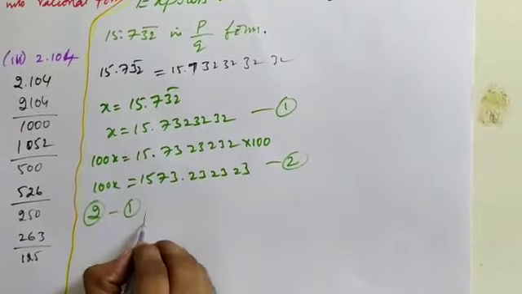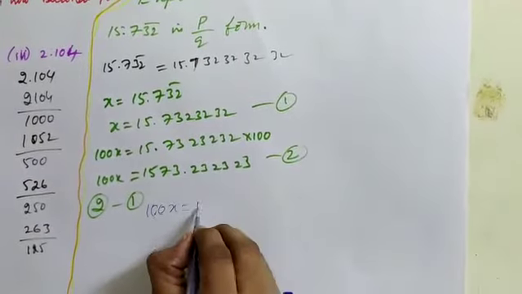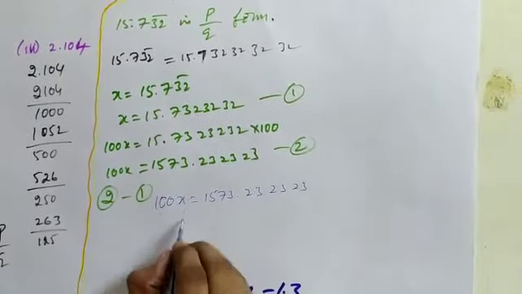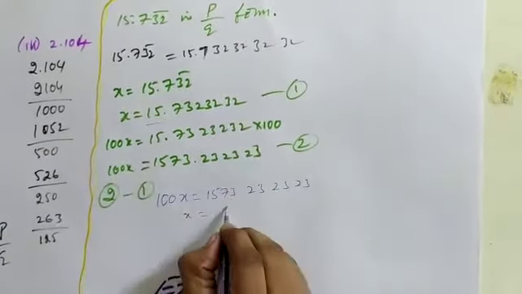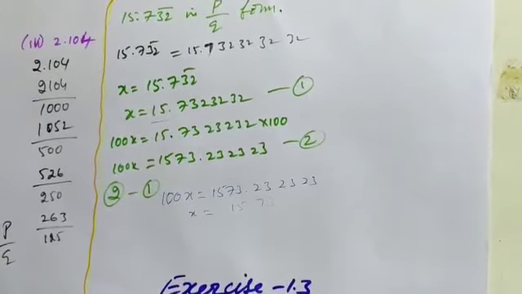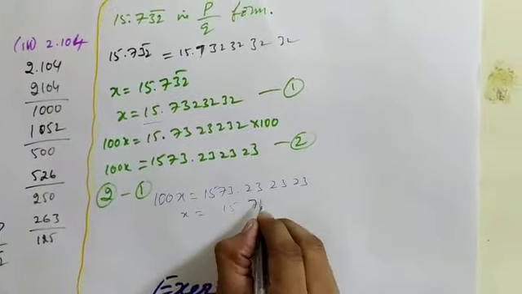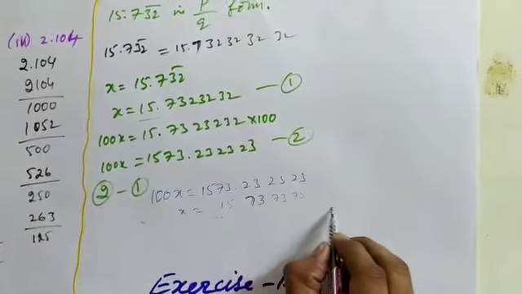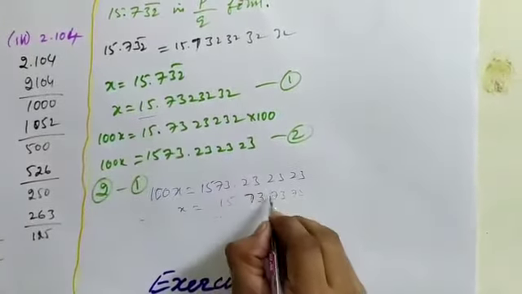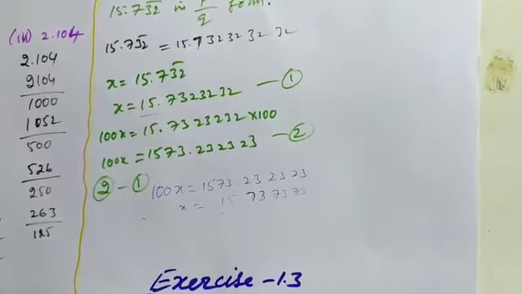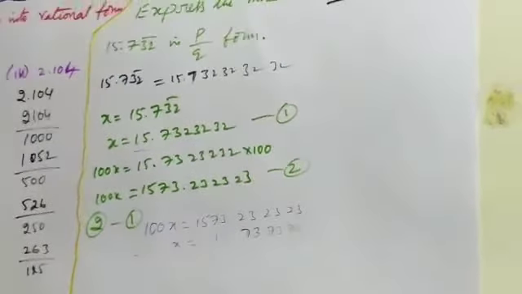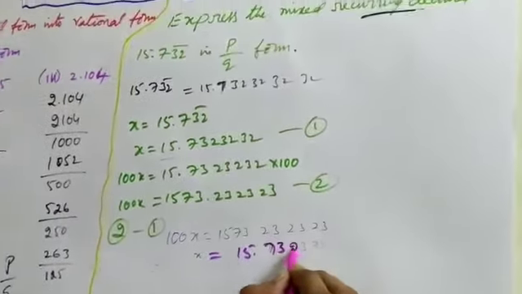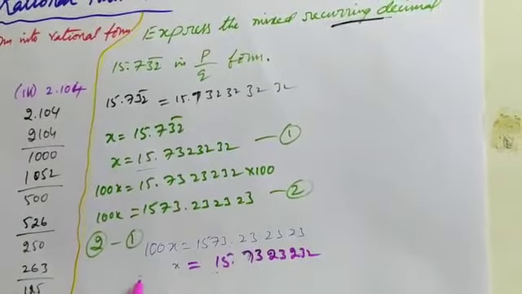Therefore 100x is equal to 1573.232323 and so on, and x is equal to 15.73232 and so on, like this.